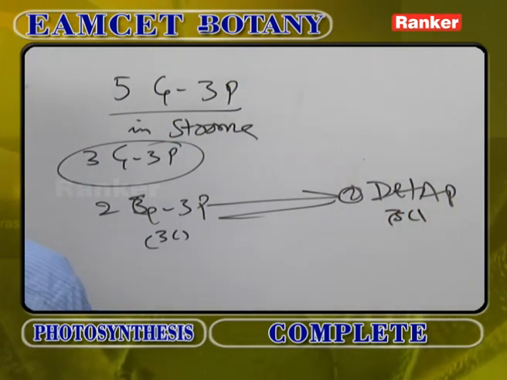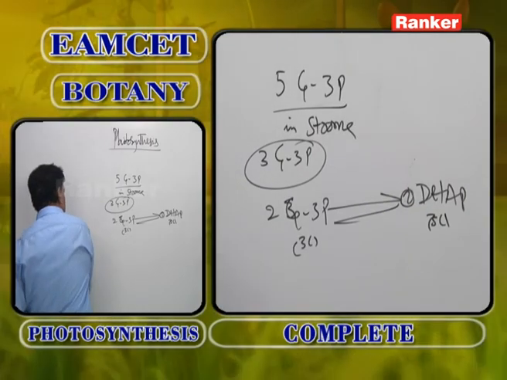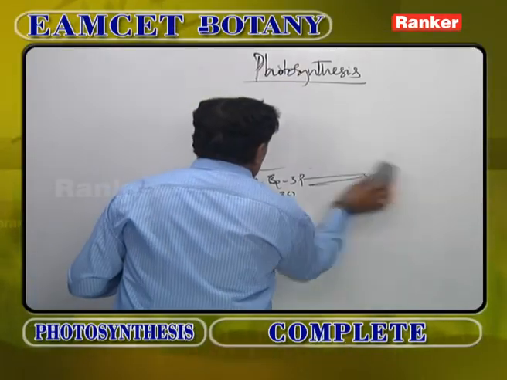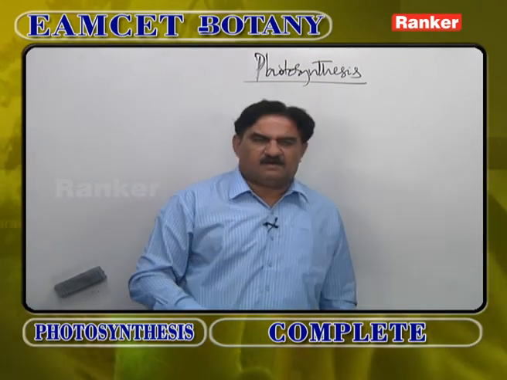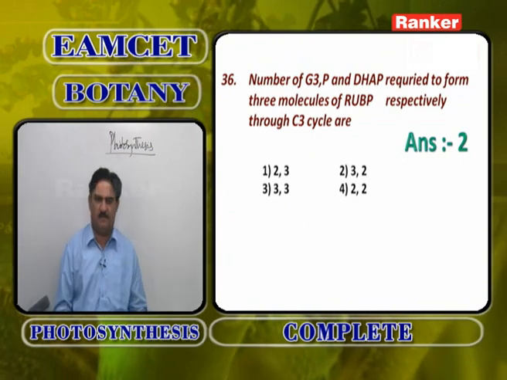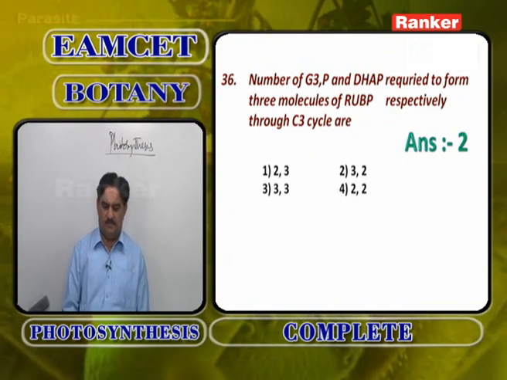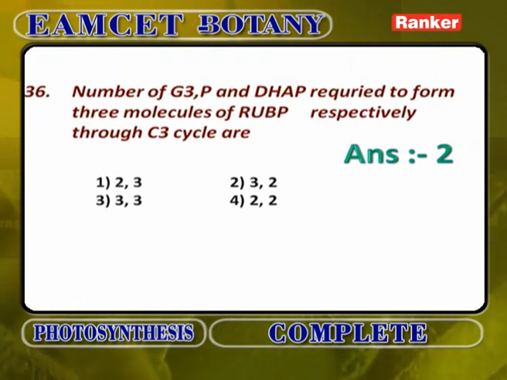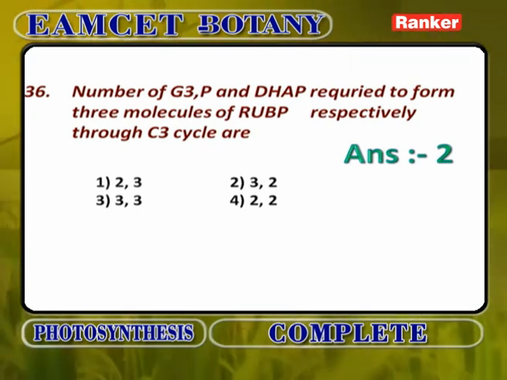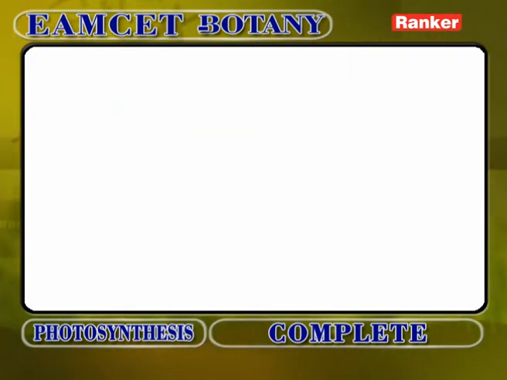So the number of glyceraldehyde 3-phosphate molecules and dihydroxyacetone phosphate molecules for regeneration of all 3 molecules of RuBP will be 3 and 2, respectively, through the C3 cycle.